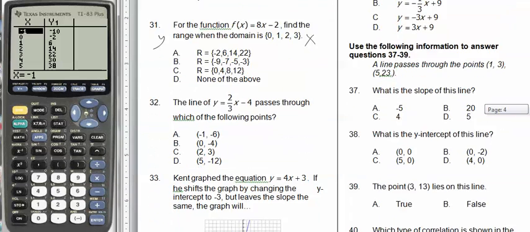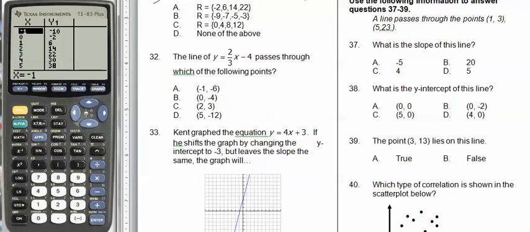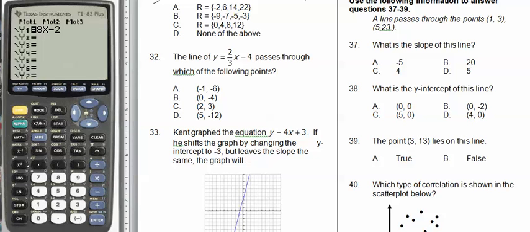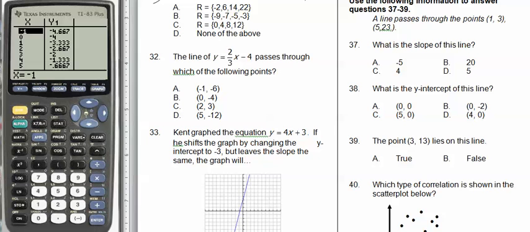For number 32, again, this one's very simple. We could just plug these different values into this equation. So x is -1 and y is -6. But since we have the calculator, we can just plug this function in, x - 4, and then go to our table and see which of those points is there.